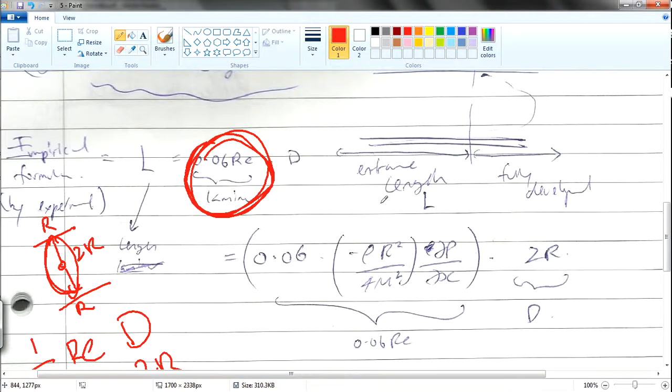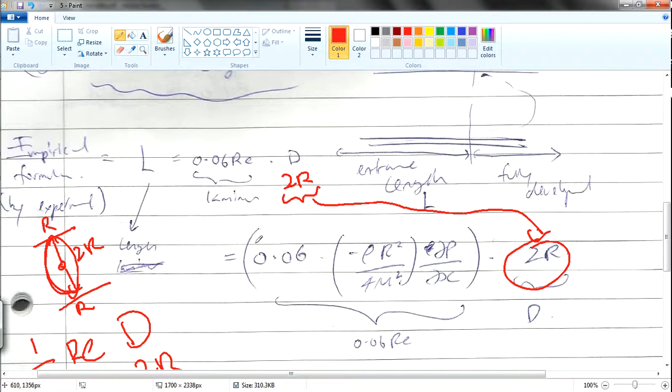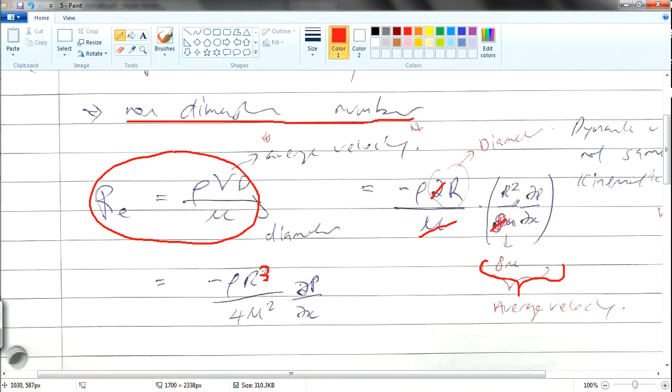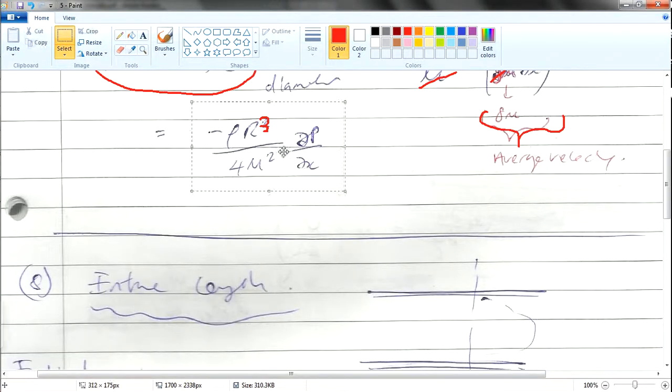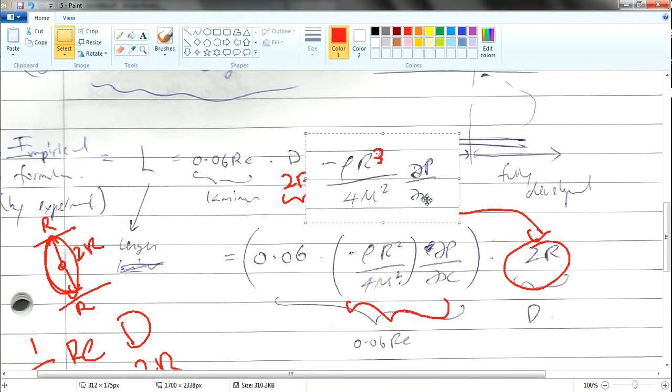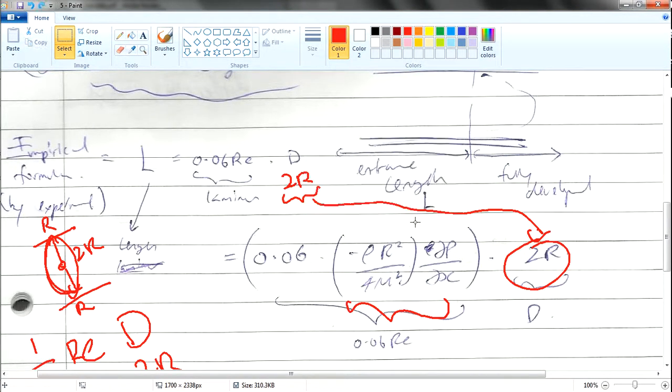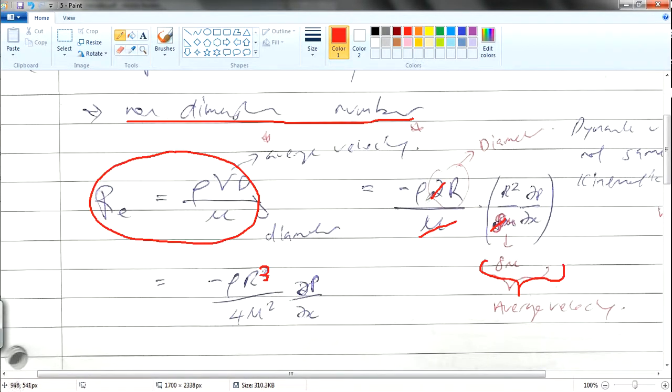Okay, so let's continue. This is actually 2R, which is shown over here, and this is 0.06, this is your Reynolds number. Where does this Reynolds number come from? It comes from here. It's exactly the same, just that previously I found out that it should be R cubed, because minus rho 2R over nu multiplied by the velocity, definitely you can get R cubed.